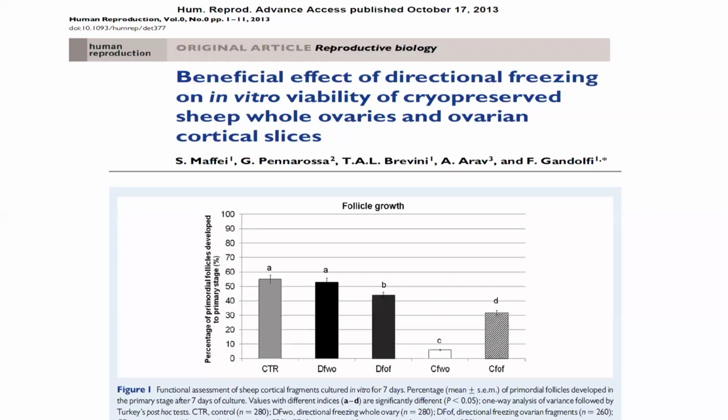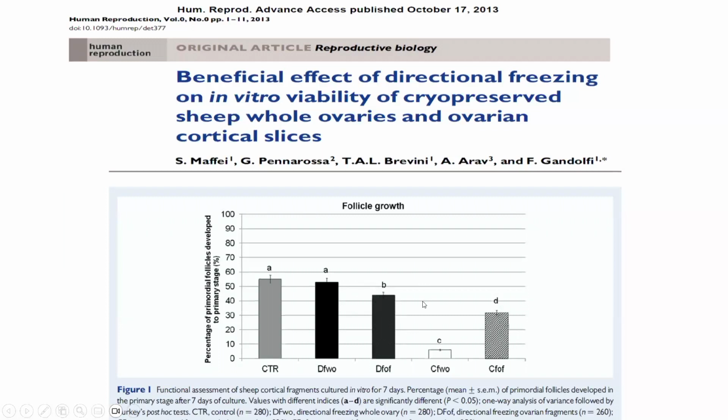And he compared the directional freezing of whole ovary to fresh control by taking slices after warming and culturing them for a week in vitro to show how many primordial follicles develop into primary stage. And it was interesting to see that there was no difference between whole ovary freezing and fresh control.